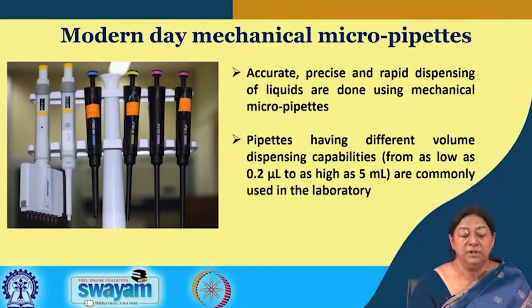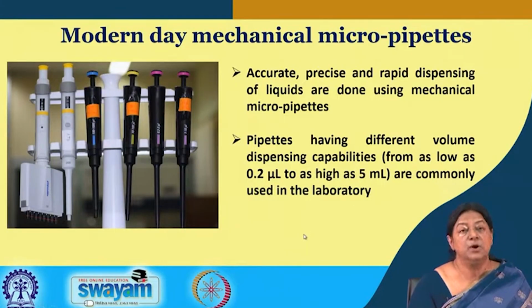For example, we have modern day mechanical micropipettes. These will be shown to you in the laboratory. These are accurate, precise, and allow rapid dispensing of liquids. They have different volume dispensing capabilities from as low as 0.2 microliters to as high as 5 milliliters.